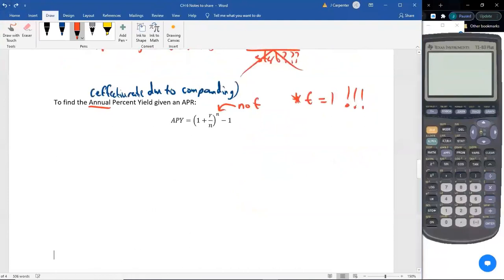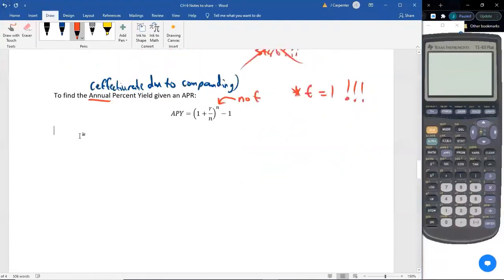All right, still in 6.2. Example. Bob deposits money, not telling you how much, into an account that accrues interest monthly at 12% APR.